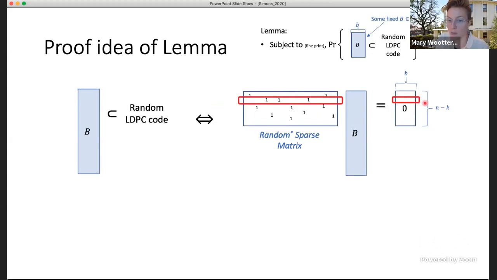Okay, so let's focus in on just one row of this. What does it mean for one row of this thing to be 0? Basically, it means that for a random subset of rows of this matrix B, the ones that are picked out by these ones in the matrix, those are going to add to 0.